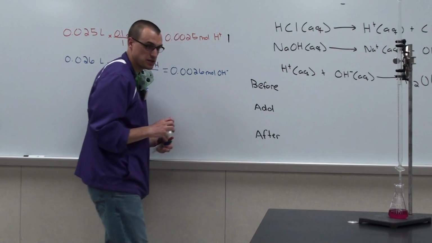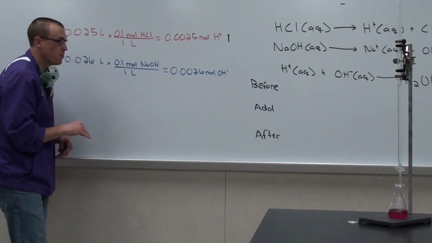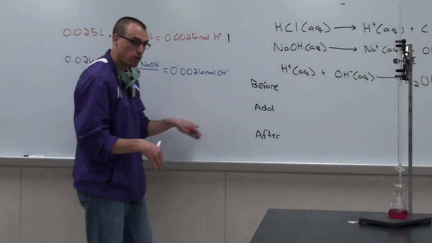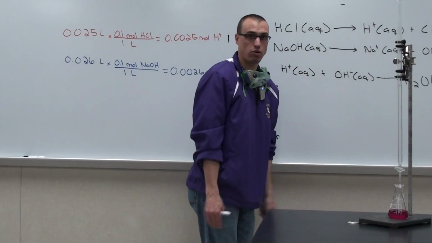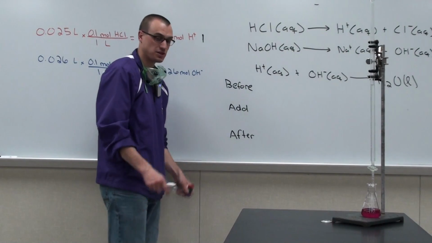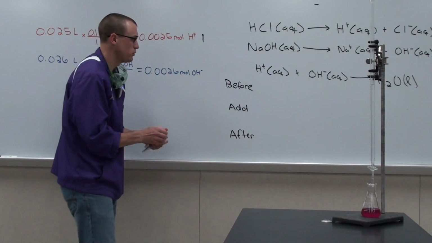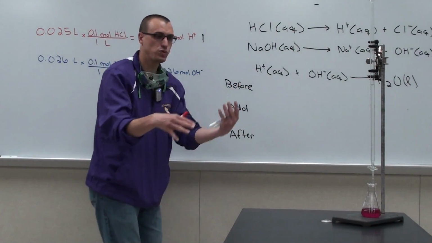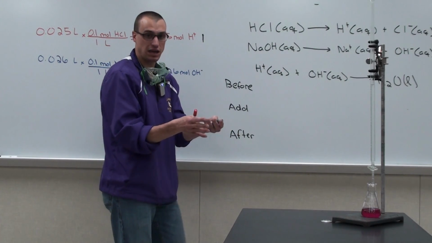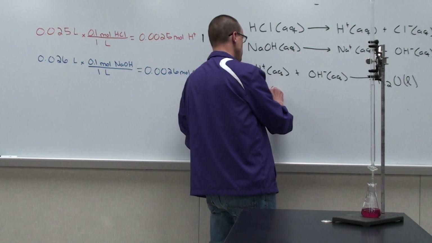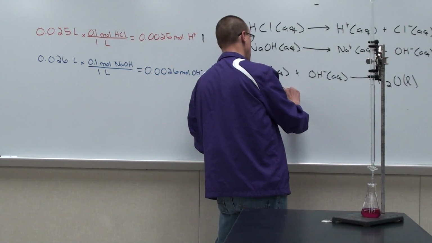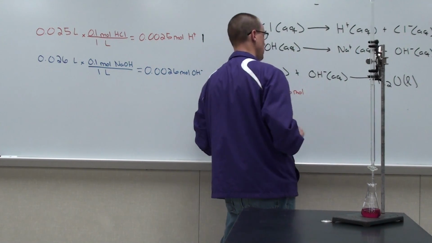of OH minus. So now we're going to go back to our before, addition, and after chart, and calculate what my pH is in this instance. Again, I'm going to start with our before picture, before we added any NaOH. Before that happened, we had 0.0025 moles of H+.